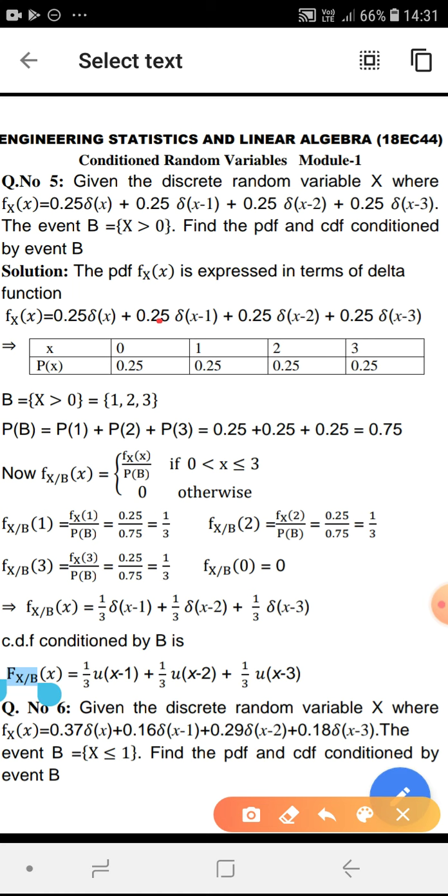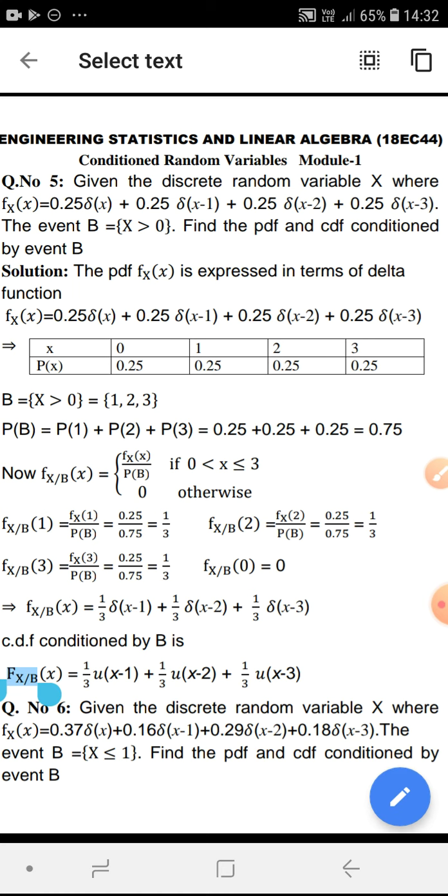For x is equal to 2, again 0.25. For x is equal to 3, again 0.25. So we have this table of x and p of x values. Since x is a discrete random variable, the values of x are 0, 1, 2, 3 and the corresponding probabilities are all equal to 0.25.